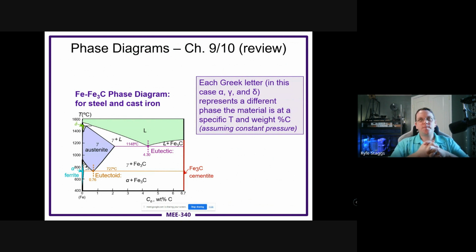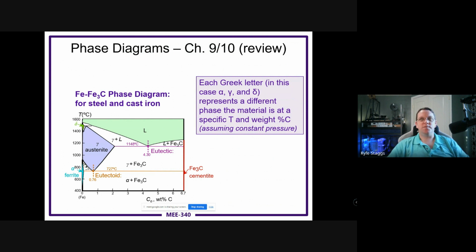So phase diagrams, you guys have probably all seen at least a couple examples by now. I know that was maybe a weak point every semester, understanding what the phase diagram means and how to read these.